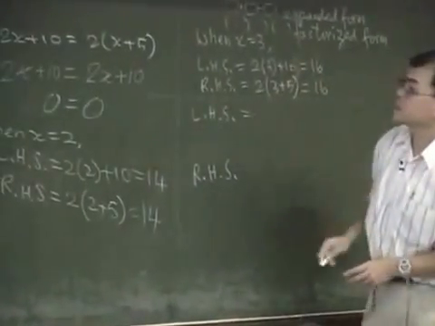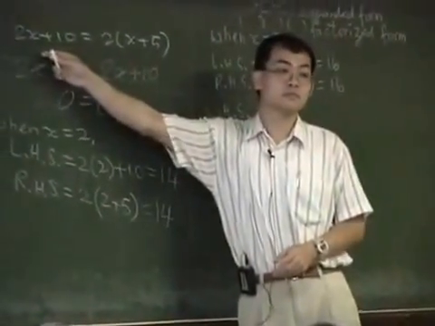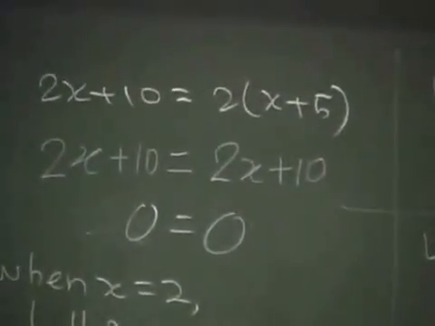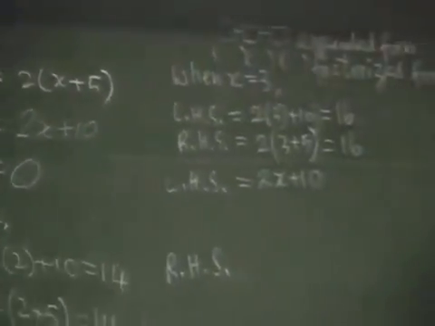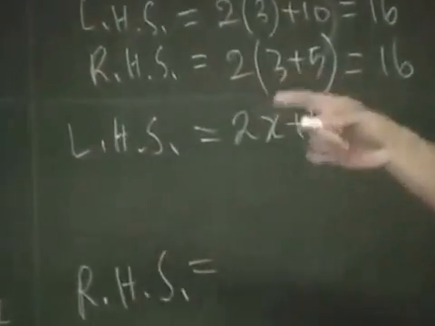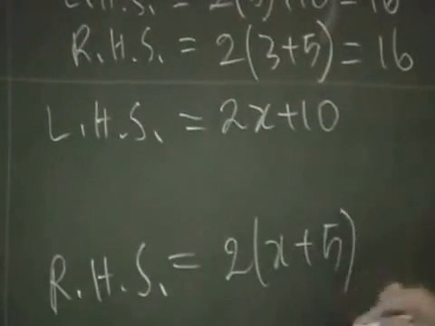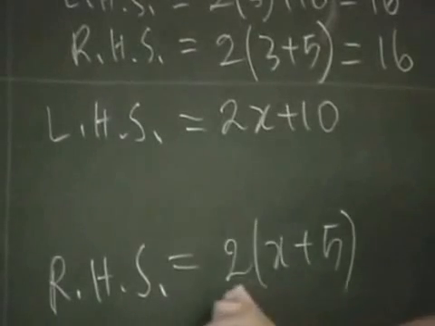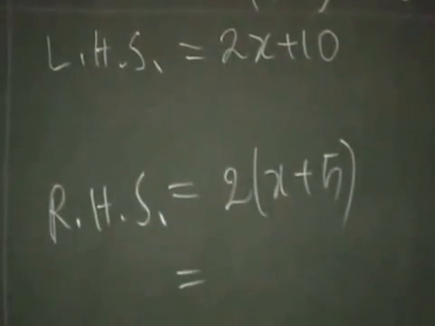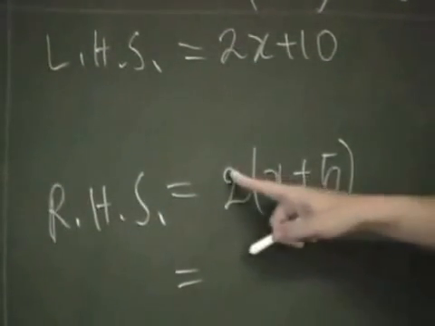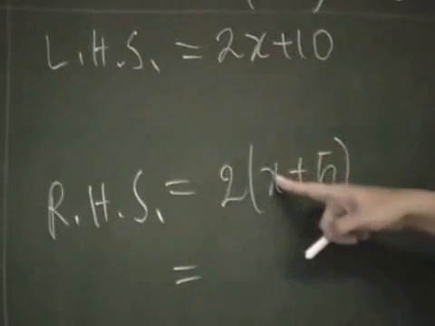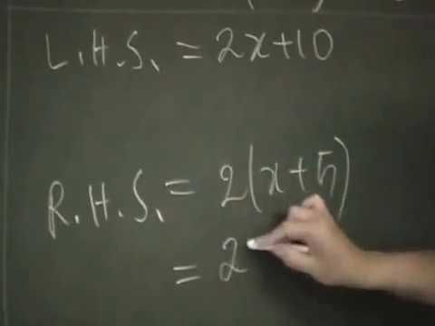Left-hand side, is it expanded form? It is already expanded form, 2x plus 10. Right-hand side, it is factorized form. What will be the expanded form for the right-hand side? It will be 2x plus 10.